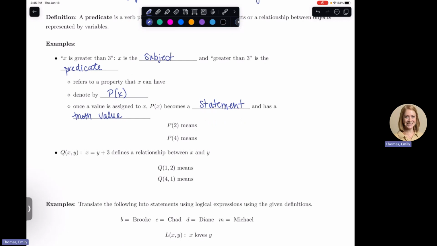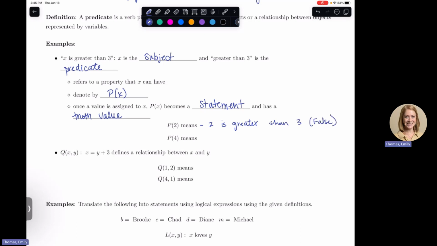So in this example, our P of x is that x is greater than 3. So P of 2 means what? The generic statement is P of x, and that statement is that x is greater than 3. So P of 2 means 2 is greater than 3, and that now has a truth value.